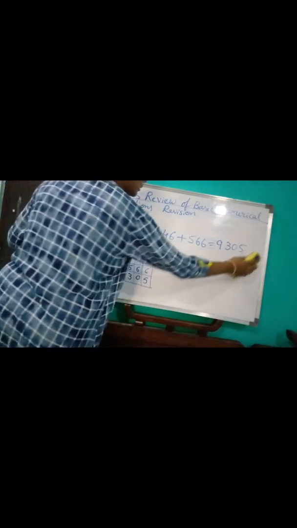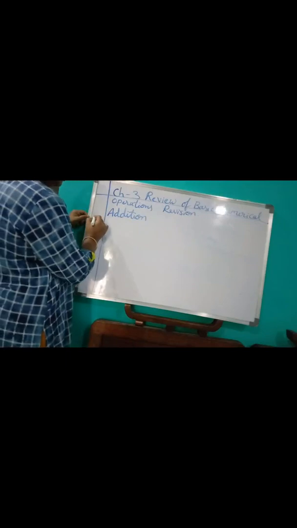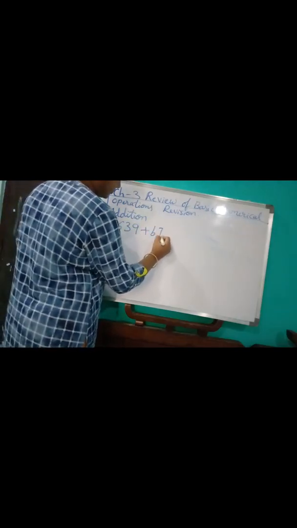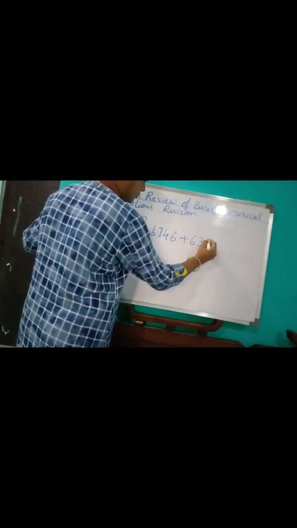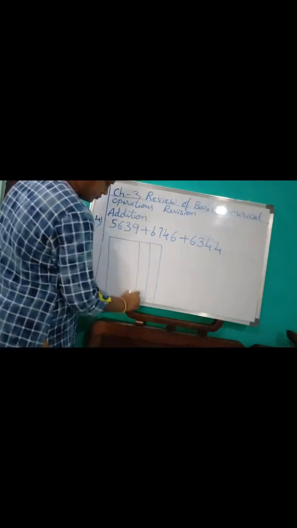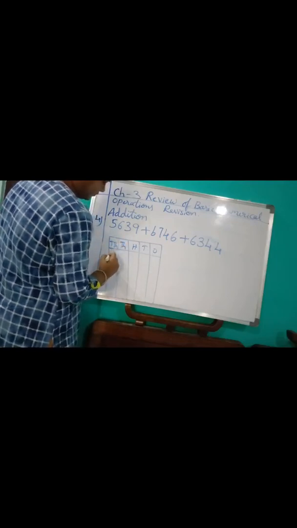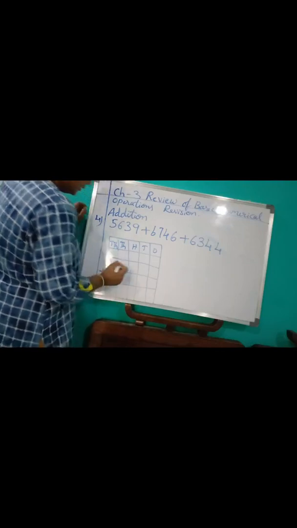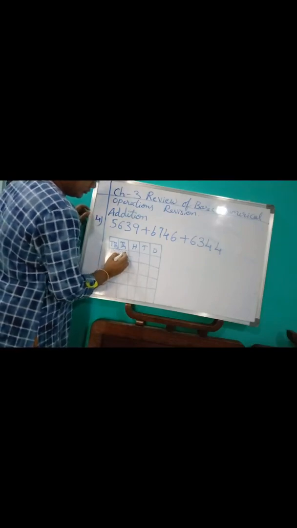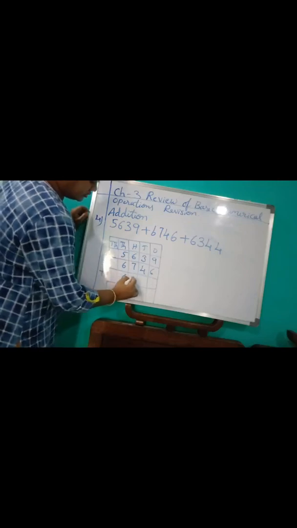Next sum. Ones, tens, hundreds, thousands, 10,000s. See here, 5,639, 6,746, 6,344.